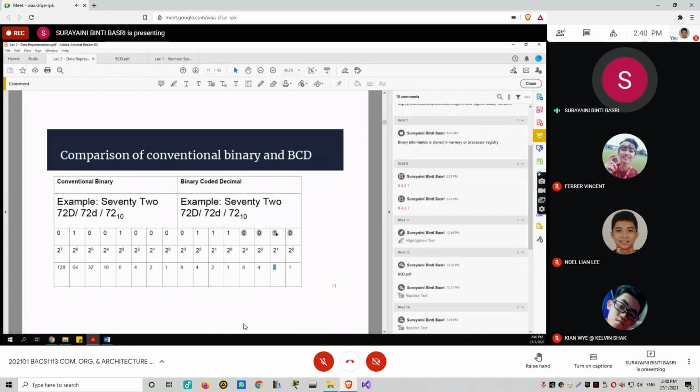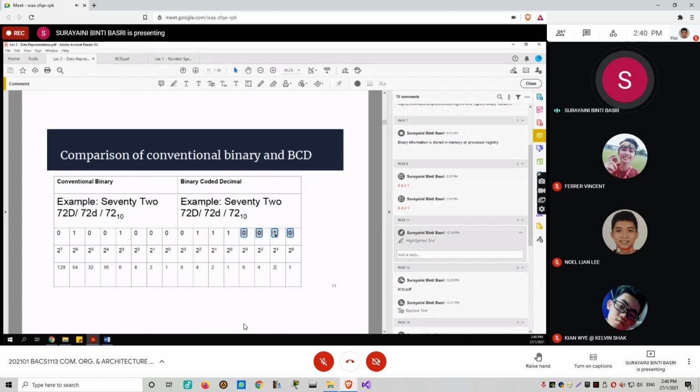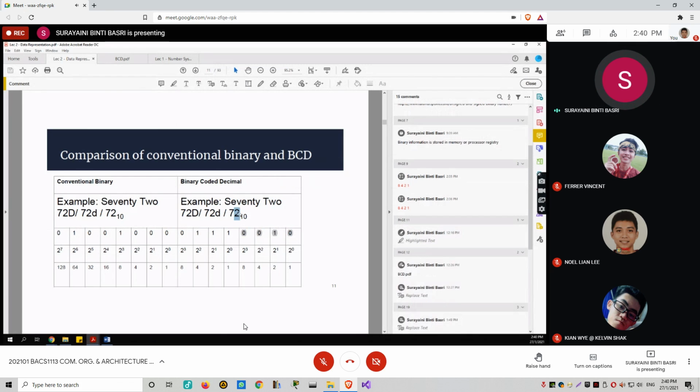So you will put 1 here because this is the value of this decimal. Okay, so for the 7, this 4 bits will represent the 7. So we will have 1 1 1, because 1 plus 2 plus 4 is 7. So your binary representative for 7 will be 0111.